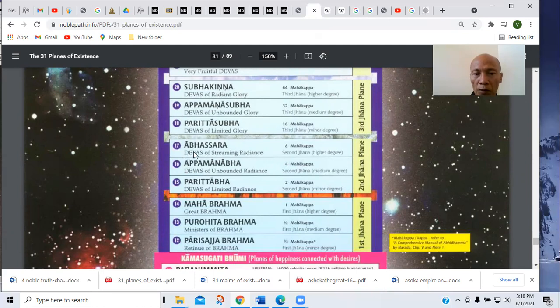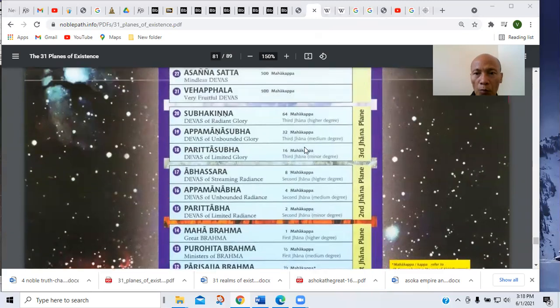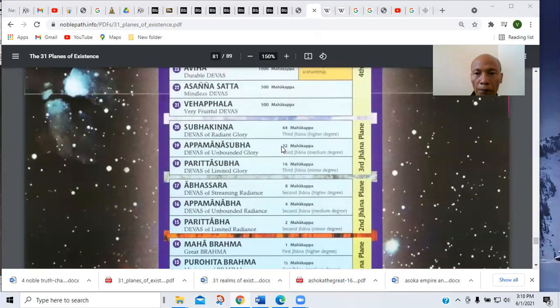And the devas of streaming radiance live up to 8 Maha Kappas, so 8 times 1.344 trillion years. And moving up to the devas of limited glory, their lifespan is 16 Maha Kappas, 16 times 1.344 trillion.